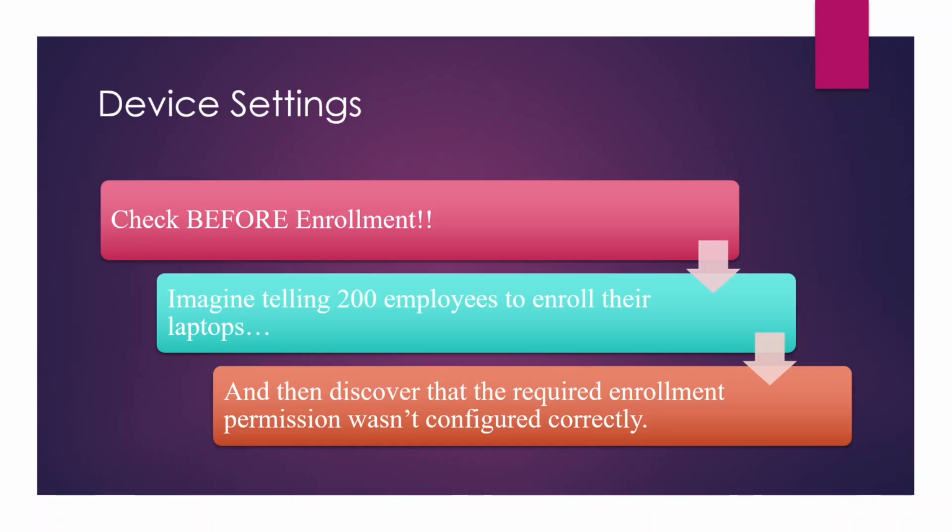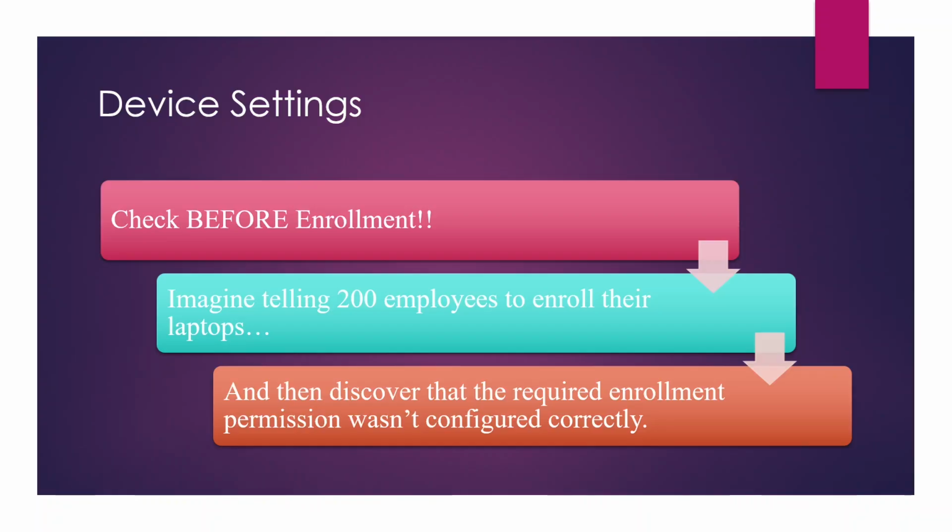So these settings might look small, but they do have a very big impact when it comes to device management, specifically for a larger organization. So before you start the enrollment, it is very important to check the device settings on Entra, because if you do not check the device settings and there are some sort of restrictions, just imagine telling 200 employees that they can bring in their personal laptops and start enrollment.